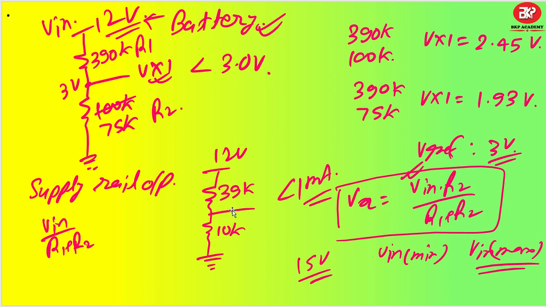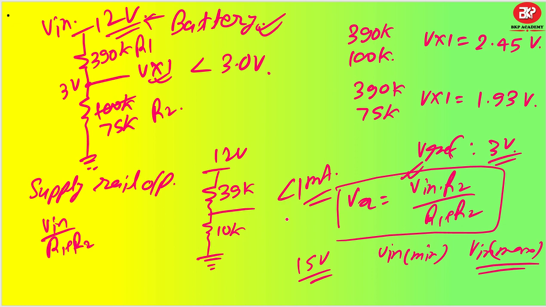And the current flowing through this resistor should be around 1 milliamp or lesser, so that you are not wasting current here. So that's the one step.